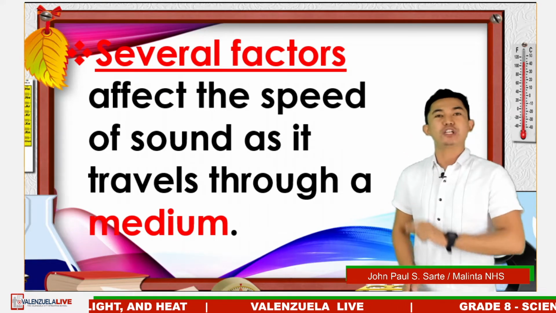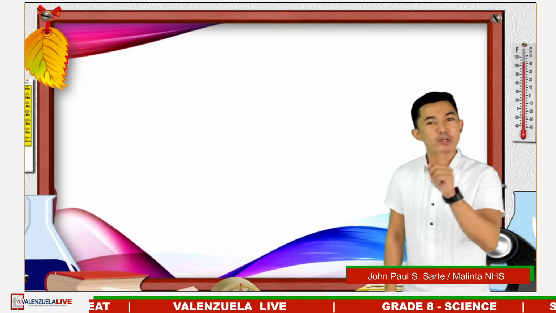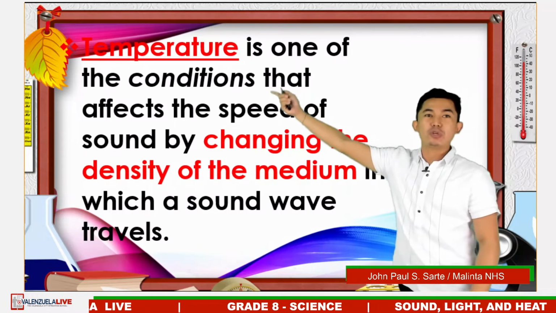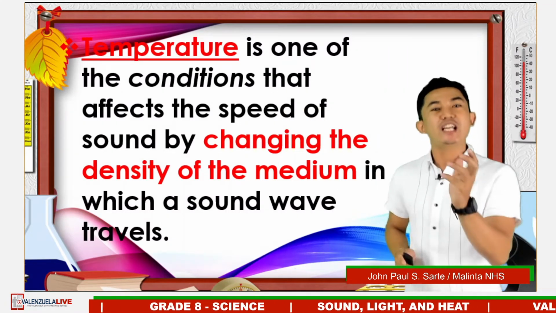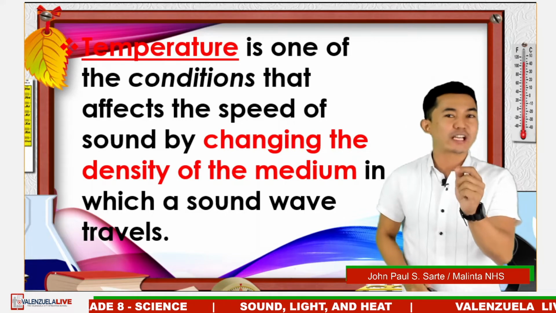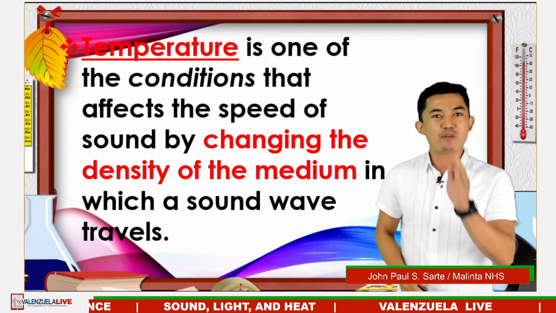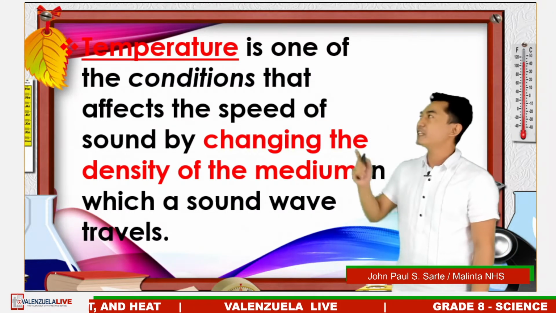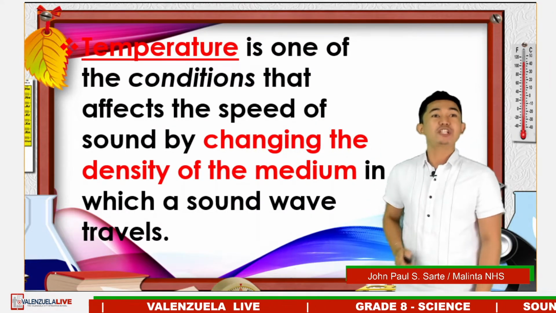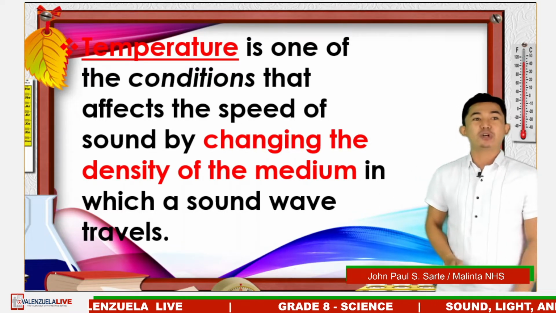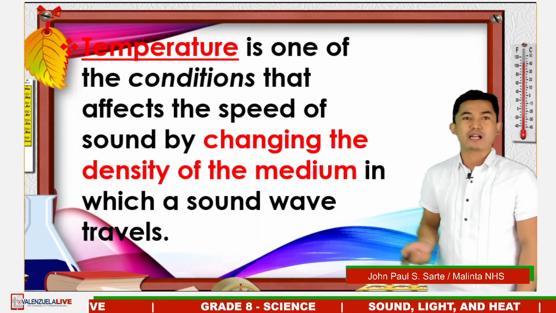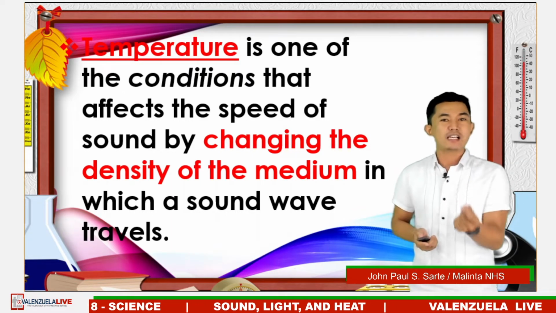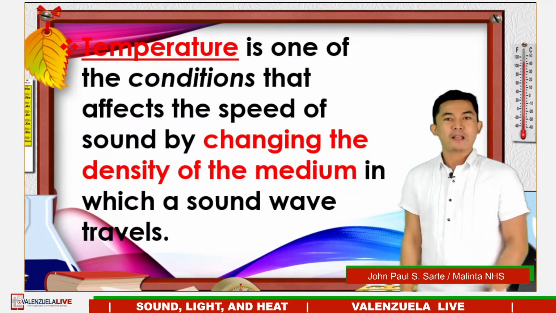Now, one of the conditions that affects the speed of sound is temperature. The word temperature has something to do with the degree of hotness and coldness of a specific object. And we can define here that temperature is one of the conditions that affects the speed of sound by changing the density of the medium in which a sound wave travels. Do not forget this. So one of the conditions that affects the speed of sound is temperature. Okay? Any questions so far?